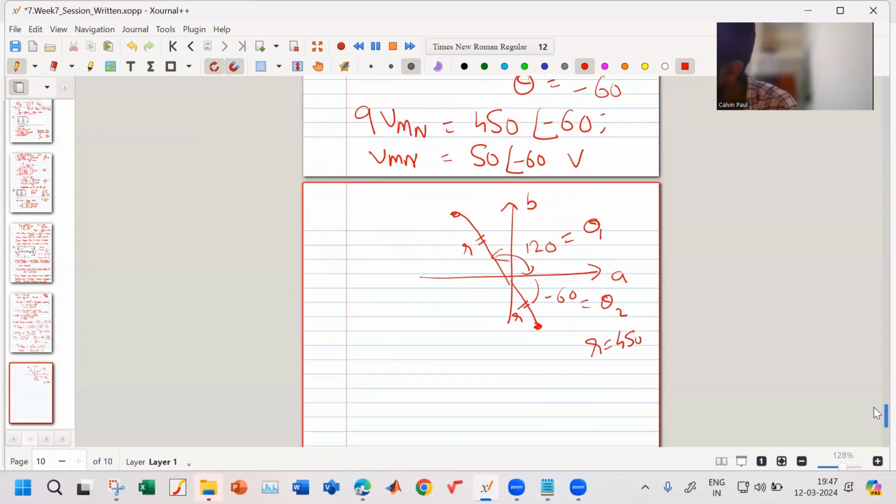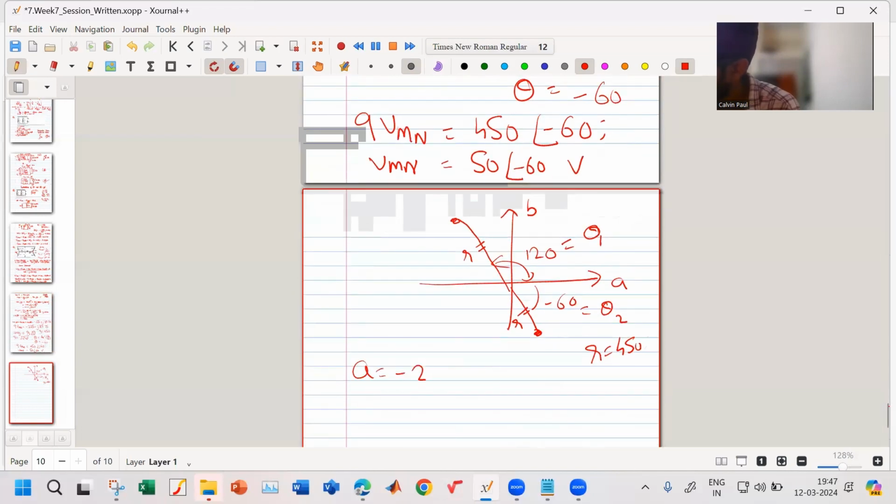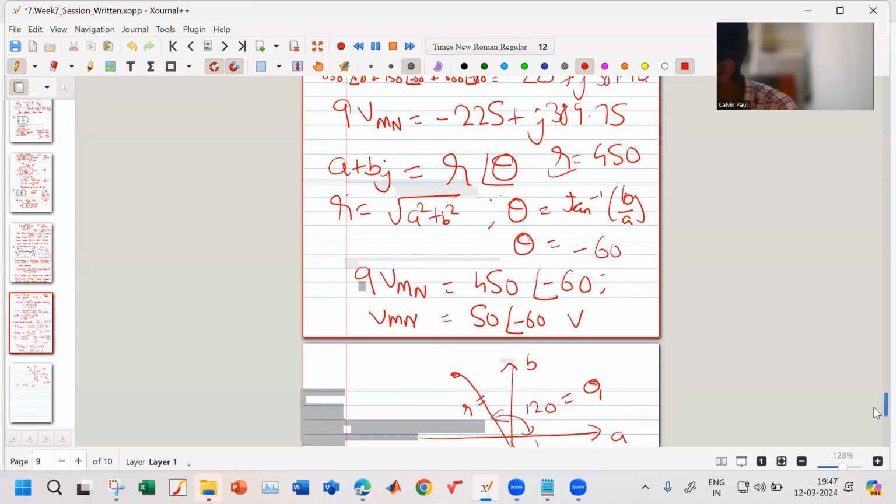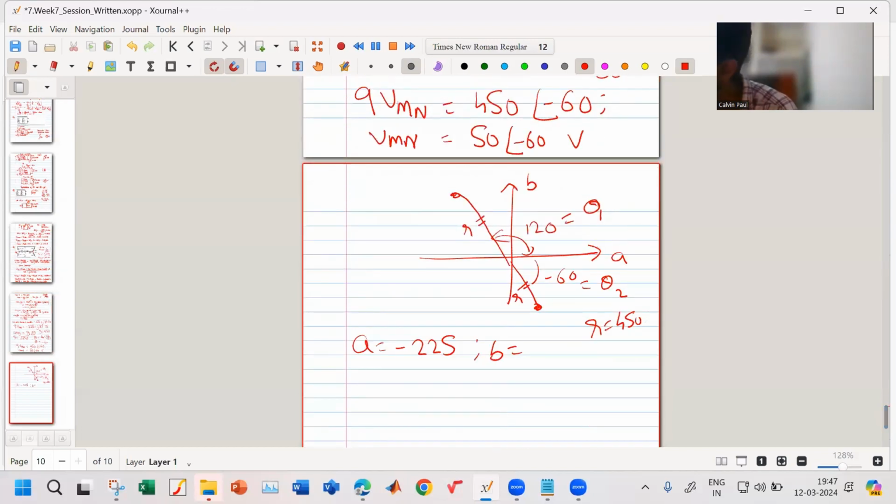Your A is minus 225. Your B is 389.7. That means where is your A? Over here somewhere, and your B is over here somewhere. So the effective resultant is over here.